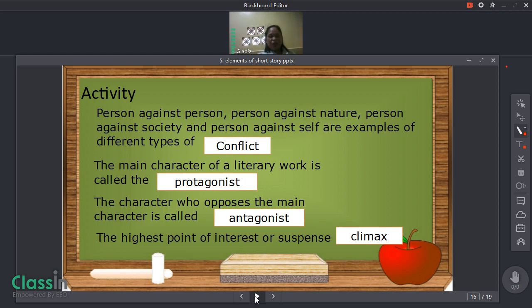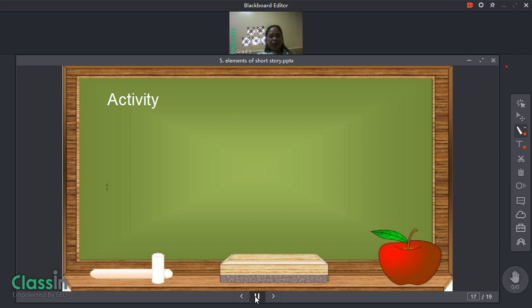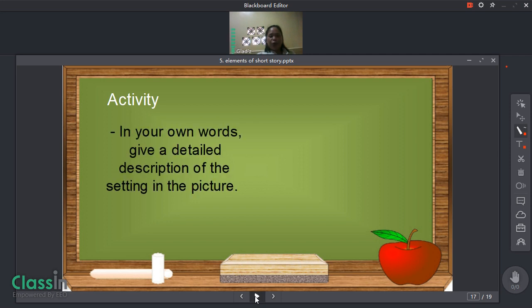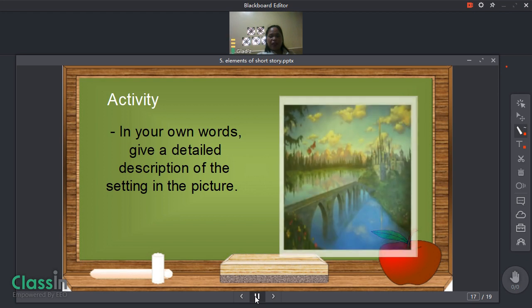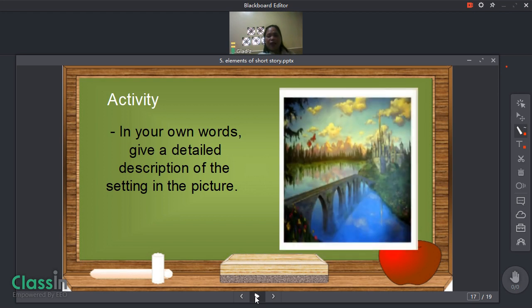Let's proceed. In this next activity, what you are going to do is, in your own words, give a detailed description of the setting in the picture. So this is the given setting. What description can you give about the setting? Yes, it is a calm, sunny day.